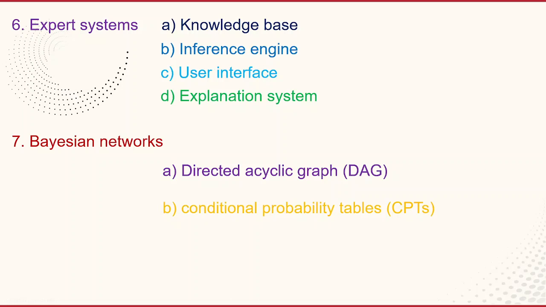So the key advantage of Bayesian networks is their ability to reason under uncertainty. Given some observed evidence, the network can calculate the posterior probability of any variable in the network, taking into account the probabilistic relationship between the variables.